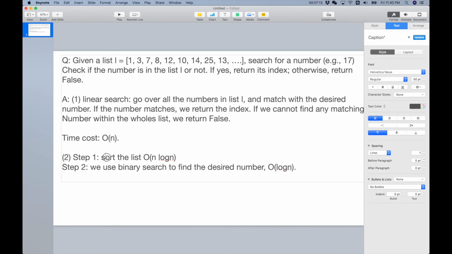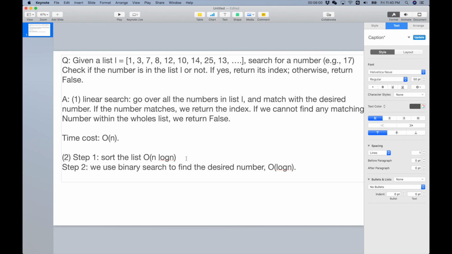So this is another potential scenario. We can do the sorting first, and then we can do the search. Compared with the linear search, the total time cost seems much more than big O of n, because here we have n log n, which is larger than big O of n. However, let's assume we have so many different searches, in other words, we have to search different numbers many times. Then the time cost for linear search will be big O of n times the number of searches. However, with sorting, we just need to sort this list once.